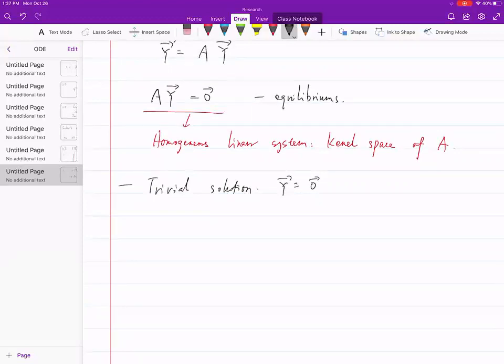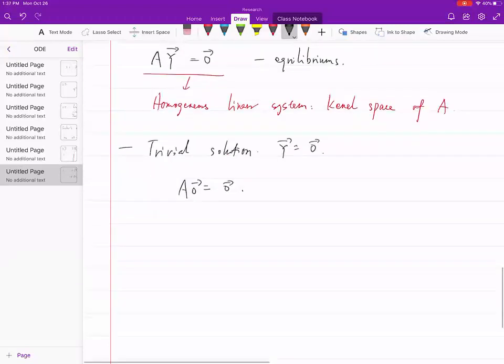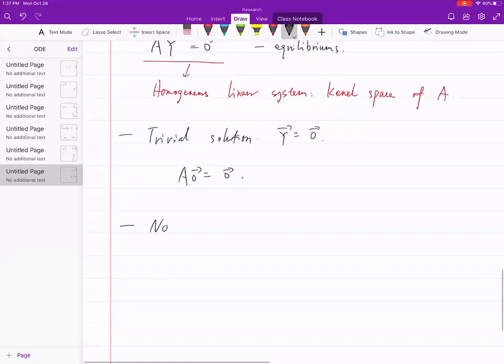Remember the harmonic oscillator? Do you have an equilibrium? The answer is yes. At least you have one equilibrium. That is 0, 0. Why? Because this is a trivial solution. Okay. Number two. Other than the trivial solution, do you have other solutions? Which are called non-trivial solutions?